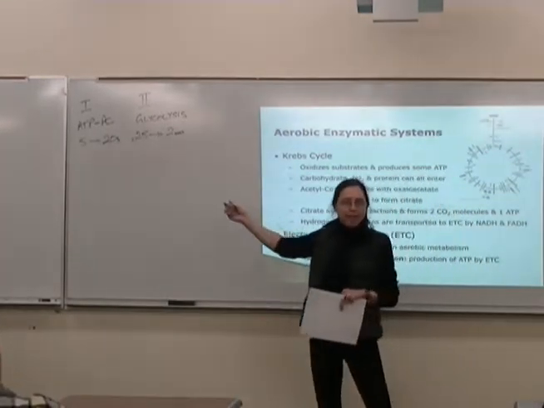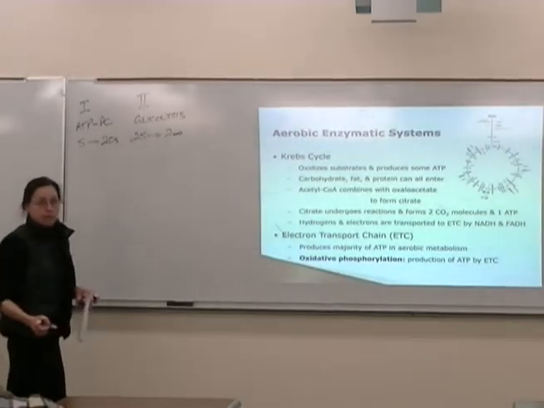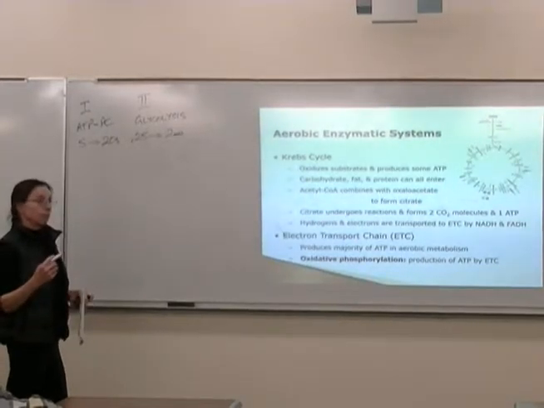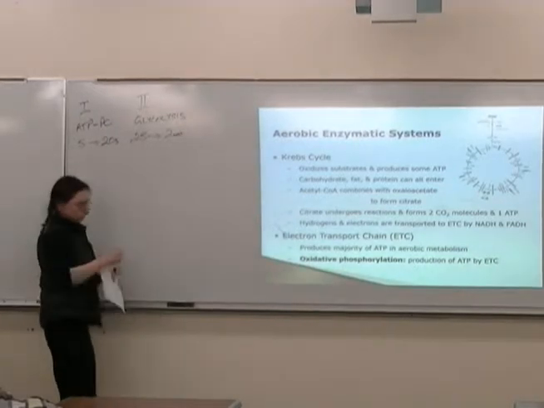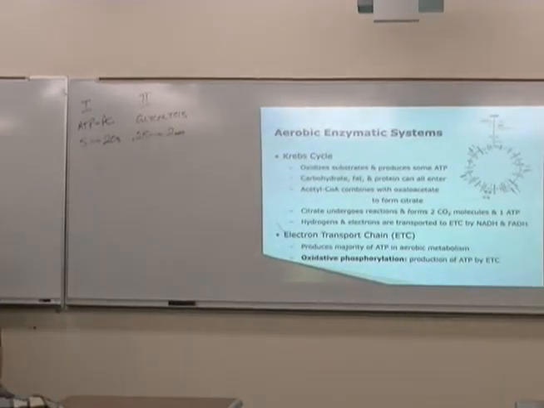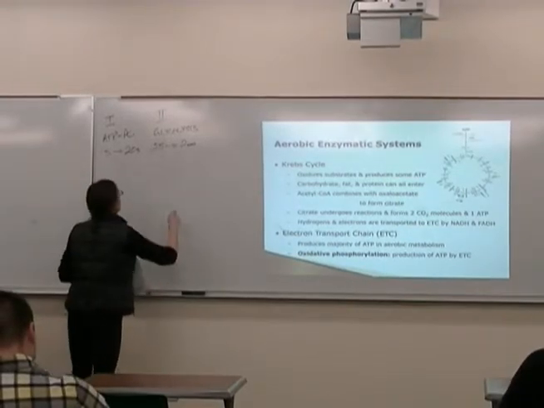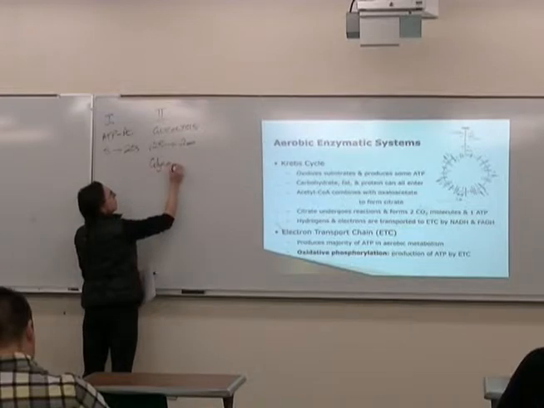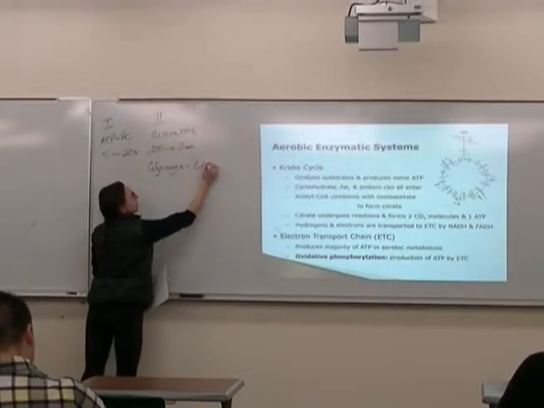But how many ATPs do I get in glycolysis? What did we say? 3. When do I get 3? Glycogen, right? So if my carbohydrate is glycogen, then I get 3 ATP.